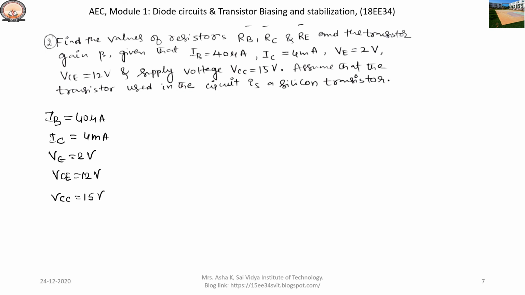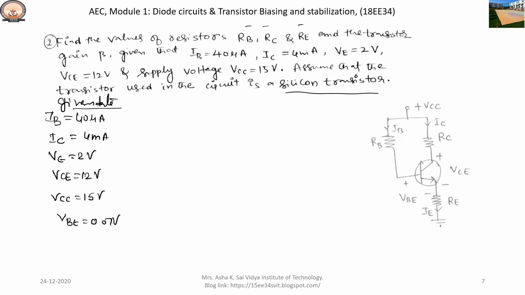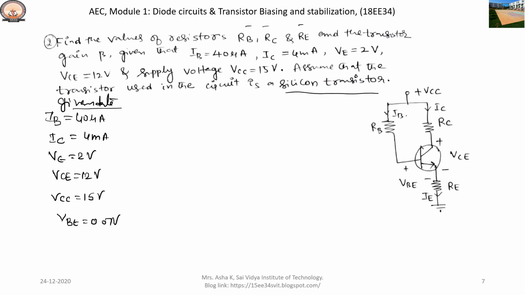It is mentioned that it is a silicon transistor, so VBE is equal to 0.7 volts. These are the given data, and if you observe, the circuit is a self-bias or emitter bias circuit. So we have to find the values of RB, RC and RE.